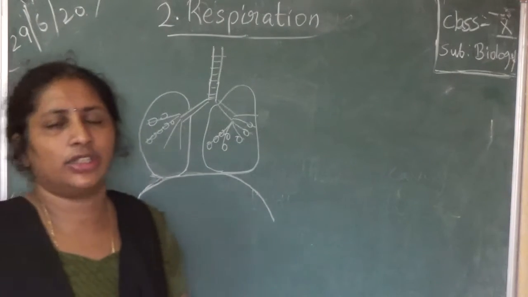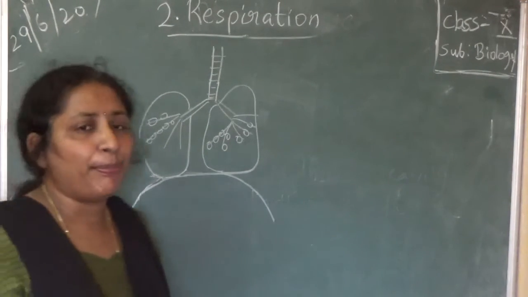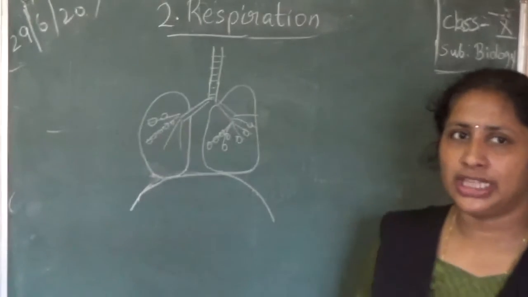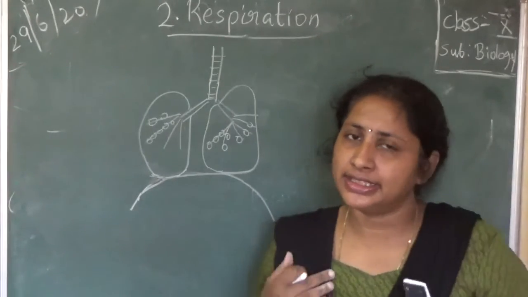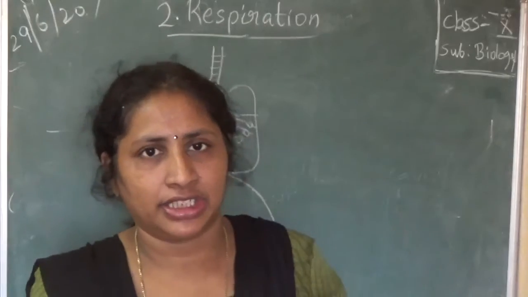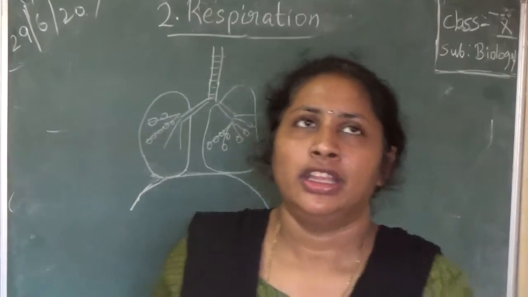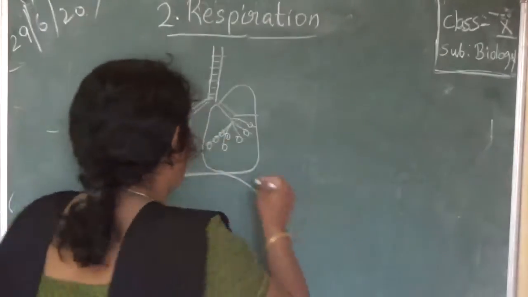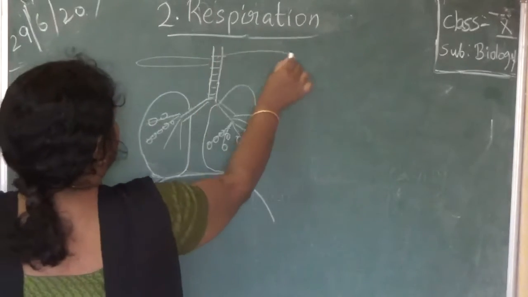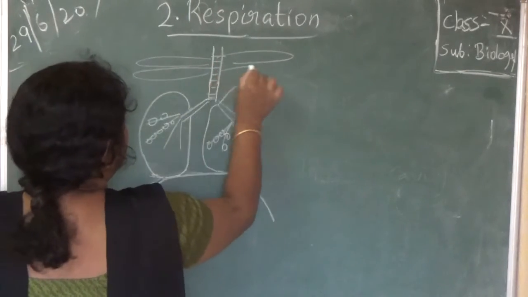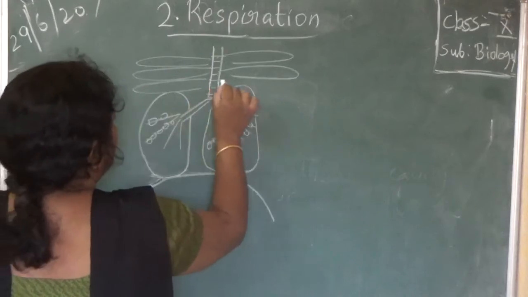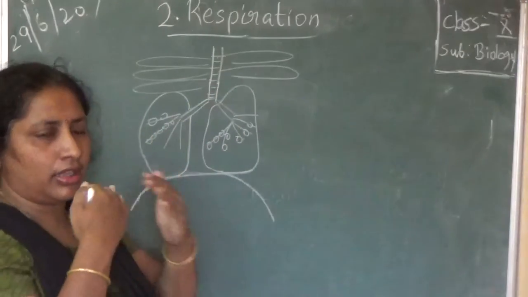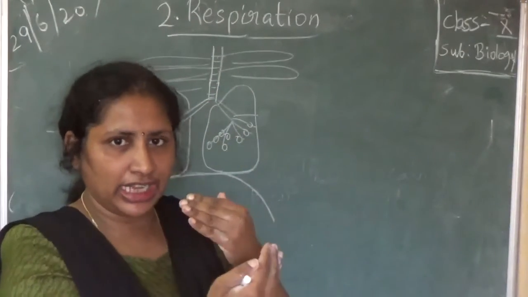Now see, what is the thoracic cavity? We know that lungs are protected by the rib cage. Imagine we have the rib cage like this, and behind it we have lungs.